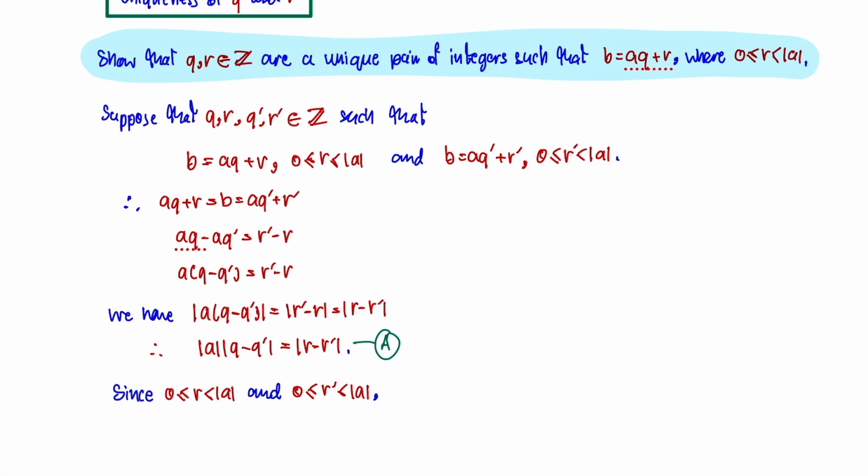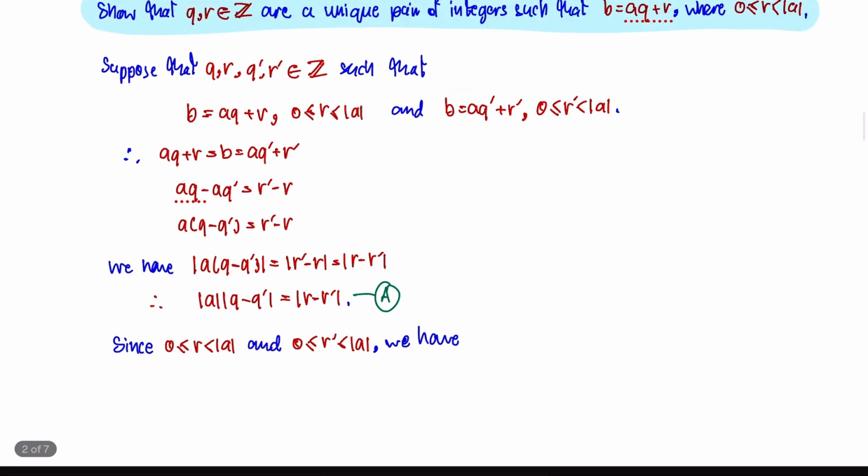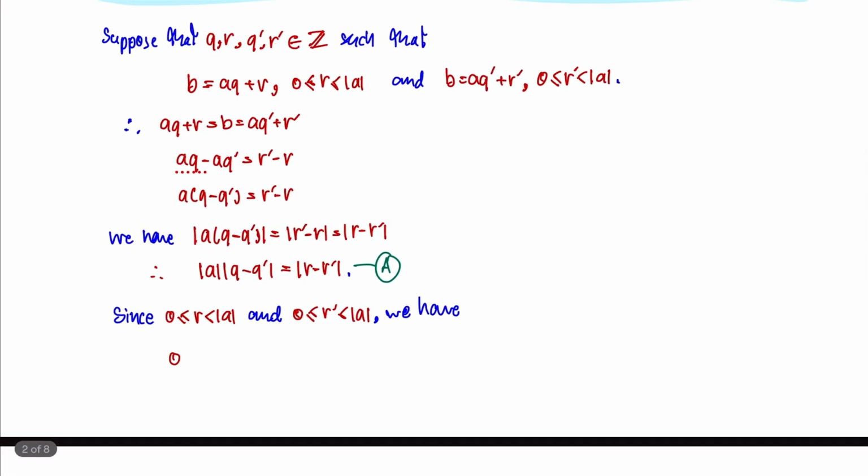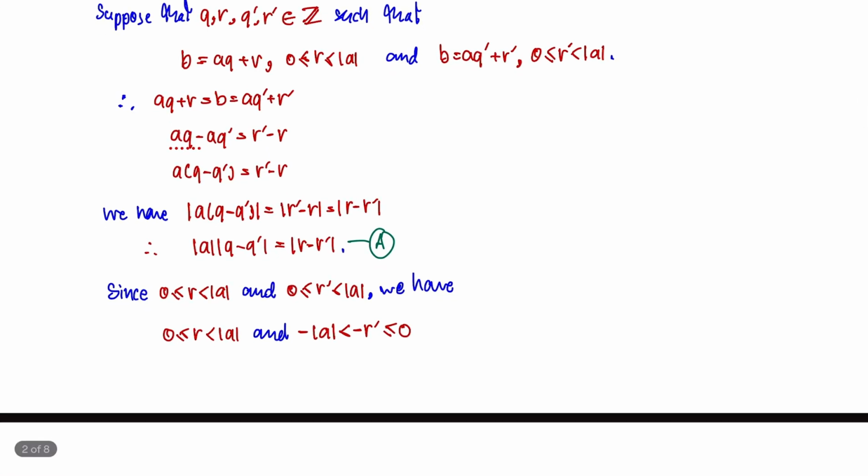So what do we have? We're going to have R greater than or equal to 0, less than absolute value of A, and minus absolute value of A, less than minus R prime, less than or equal to 0. Then, what do we have to do?